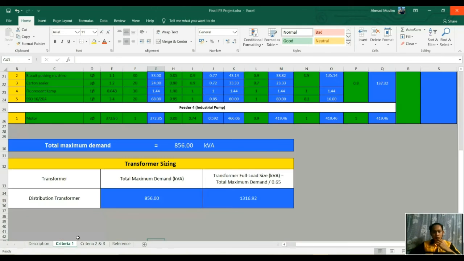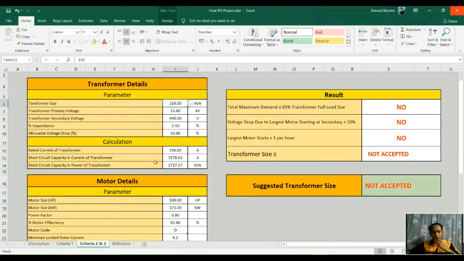So the total maximum demand is 856 kVA. So the 65% more than the total maximum demand is 1316 kVA. Thus the transformer size proposed is 1600 kVA, because it is the closest value to the initial proposed size.